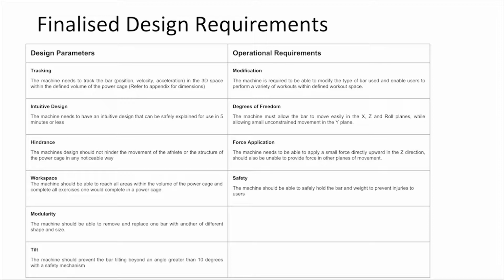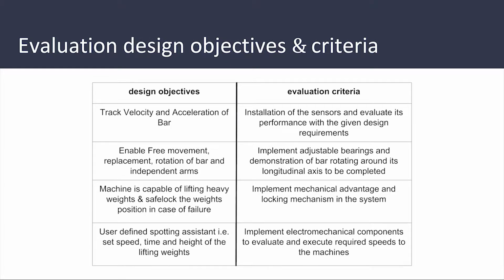There are 6 main design parameters that our prototypes will be constrained to. These are tracking, intuitive design, hindrance, workspace, modularity, and safety. After determining the design parameters, the evaluation criteria were then set.